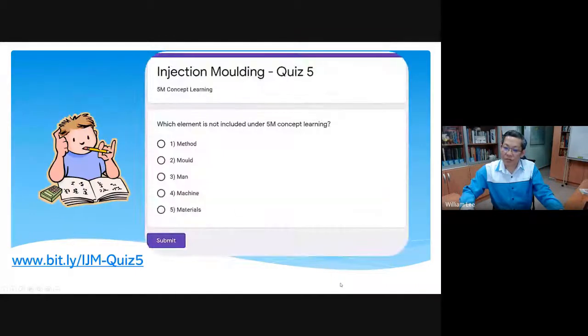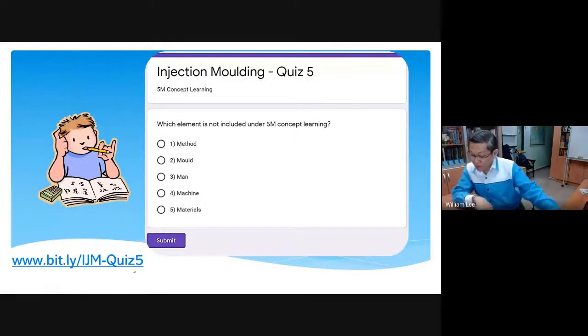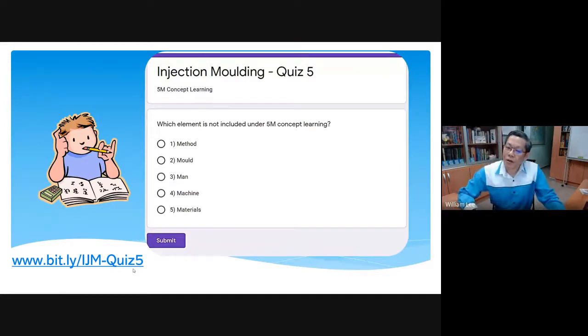Okay, the final question, the final quiz here. Can Lim type? This is the final quiz. Which element is not included under the 5M concept learning? Okay, so this is quiz number 5.